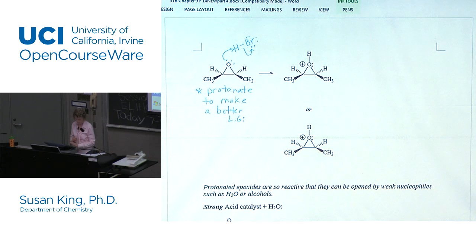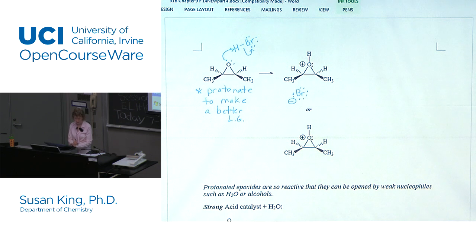So just like that. And then what happens is the bromide that we just liberated, this is our conjugate base, comes in and does backside attack. It can attack on either side. Both sides are equally substituted. As we're going to see, when they're not equally substituted, it doesn't attack on both sides.